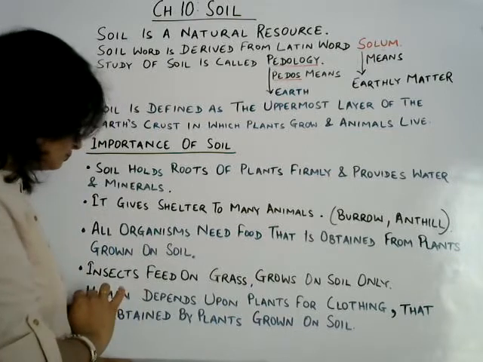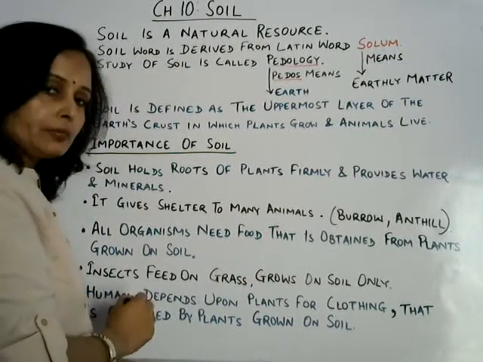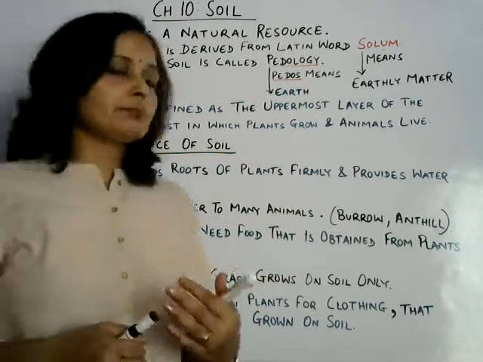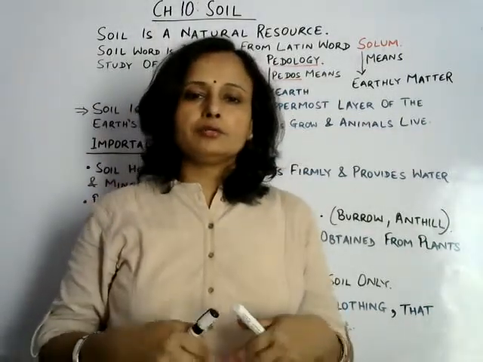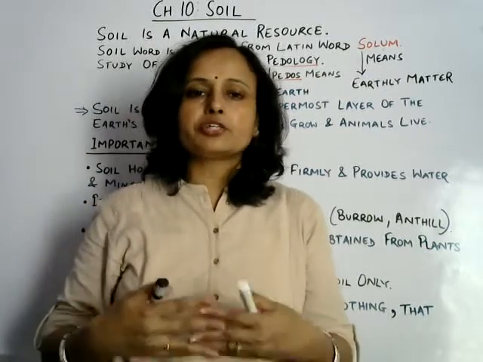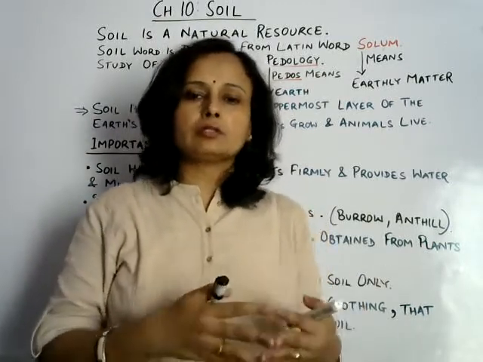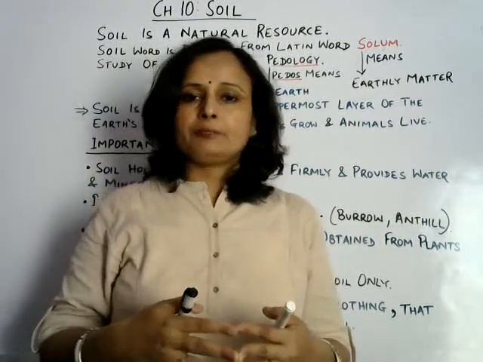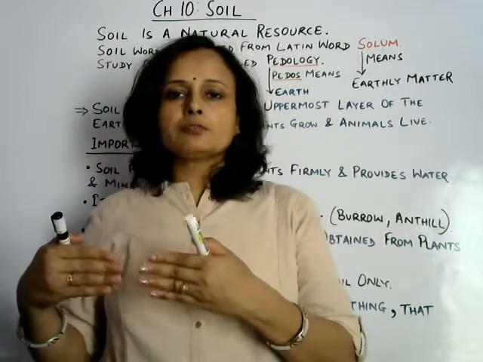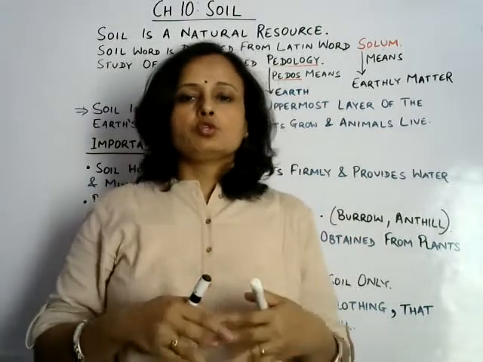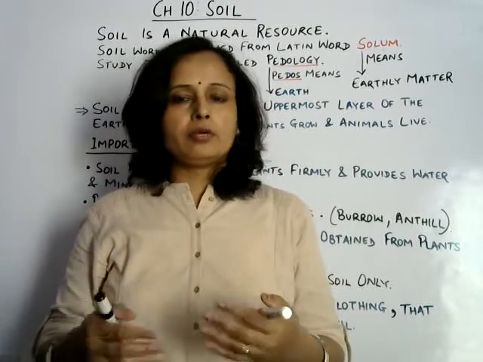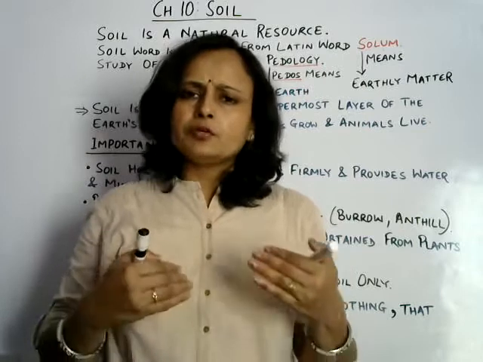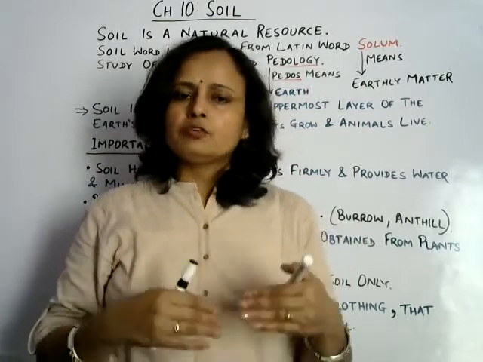Okay. Now next one is humans depend upon plants for clothing as well. अब तक हमने क्या पढ़ा? We discussed the nutritional requirement, the energy that we can get from plants, mainly food and then shelter. For that soil is important because plants grow on soil only. But other than that, we also depend upon soil for clothing.